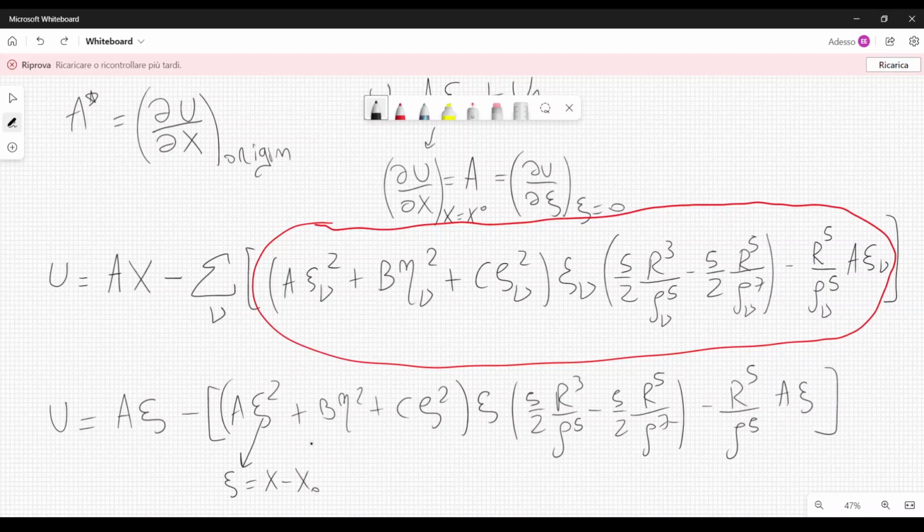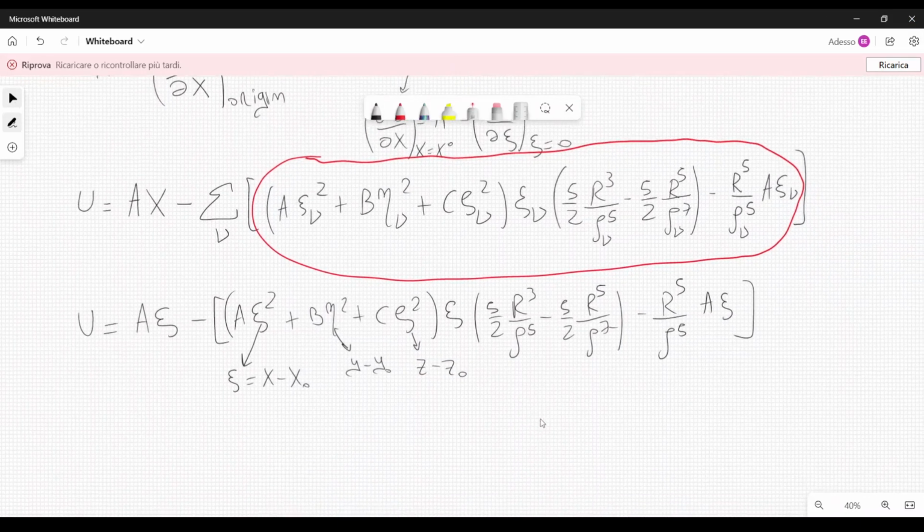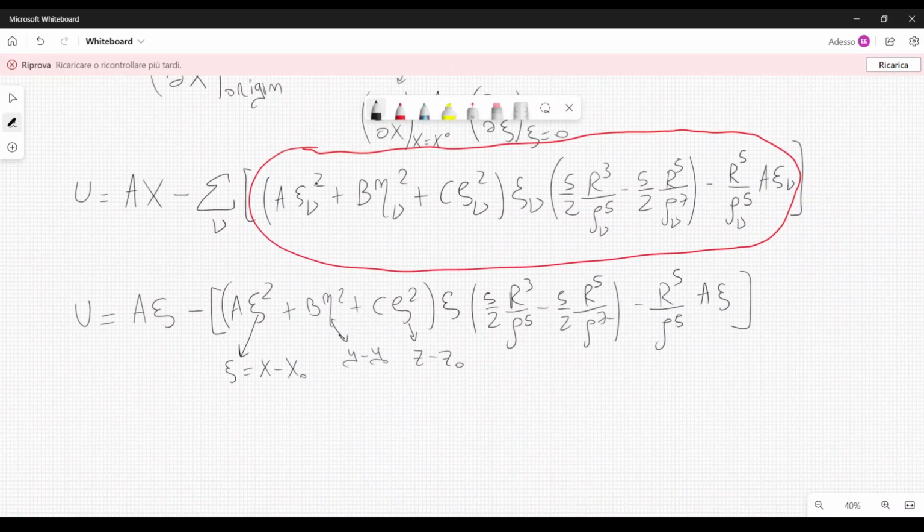x0 was the x-coordinate of the center of the sphere. The sphere was centered at the point x0, y0, z0, and eta was y minus y0, and similarly zeta was z minus z0. In this case, we have more spheres, and therefore we have to consider the origins of different spheres. So xi nu will be x minus x nu, where x nu is the x-coordinate of the nth sphere, if you want to call it that.